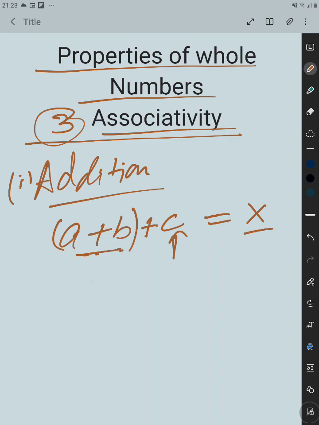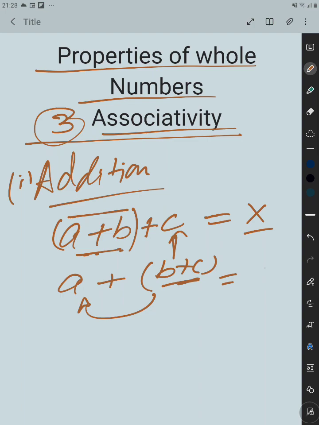And if you change this association, so b and c are associated by the bracket sign and added first, and then the sum is added to a, what will be the answer?